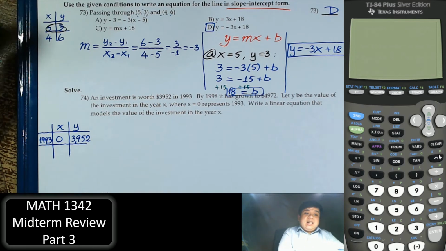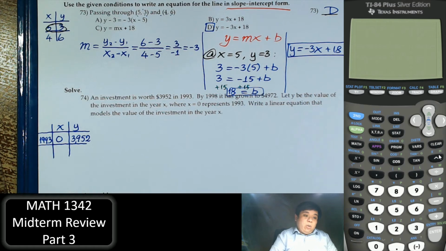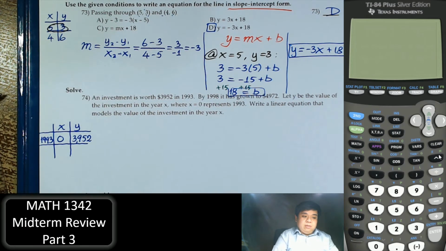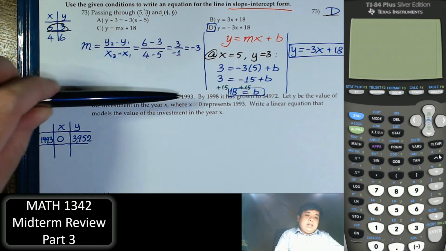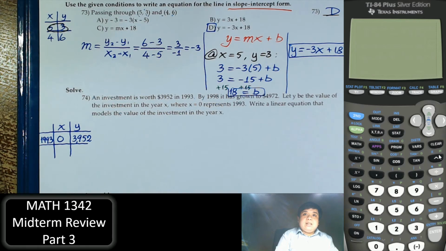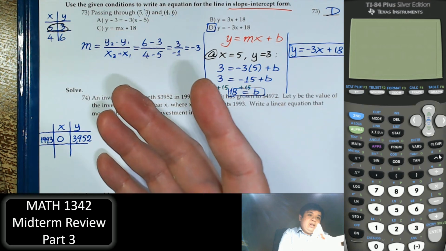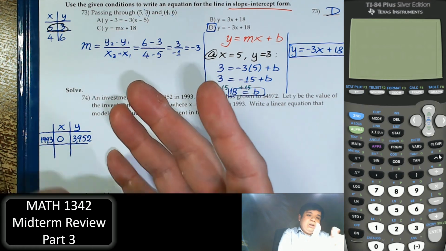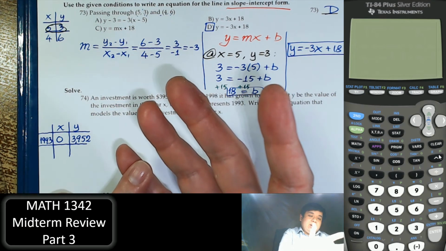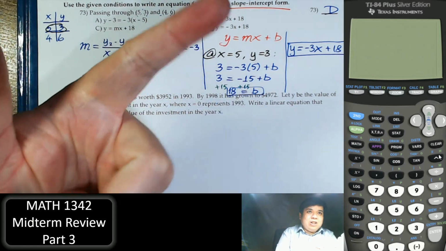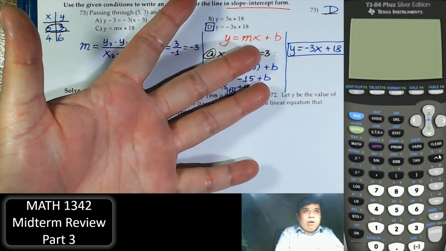So if 1993 is 0, then what is 1998? Right? 1998 is 5 years after that, right? So 0, 1, 2, 3, 4, and 5.